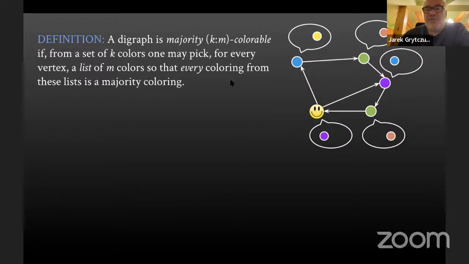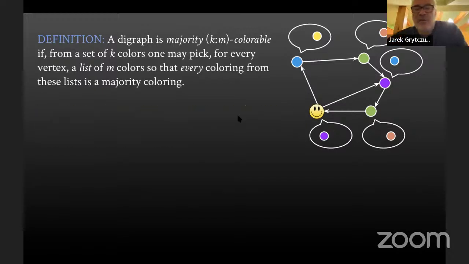It's well known maybe for the usual proper coloring of graphs. For instance, a cycle on 5 vertices has the same property: if you have 5 colors in total, you can assign to every vertex 2 colors, and then any coloring will be okay. So this is the definition of majority k:m coloring.